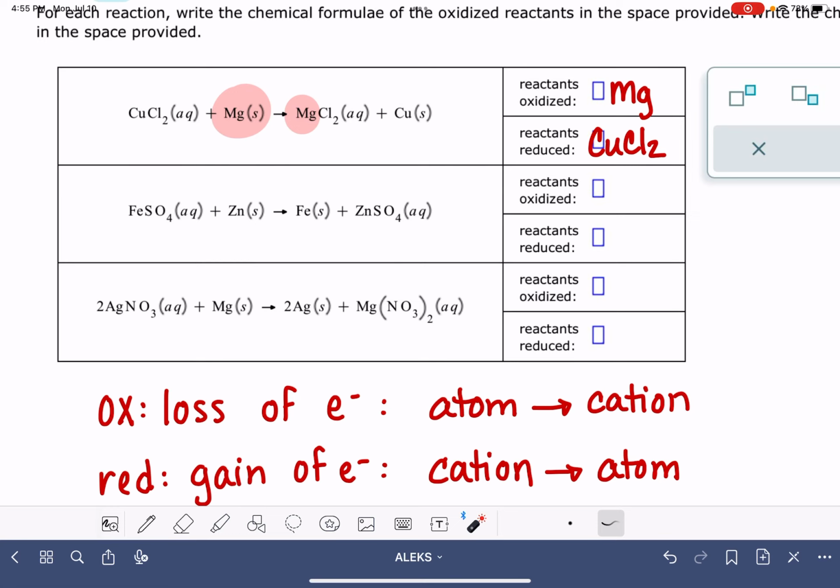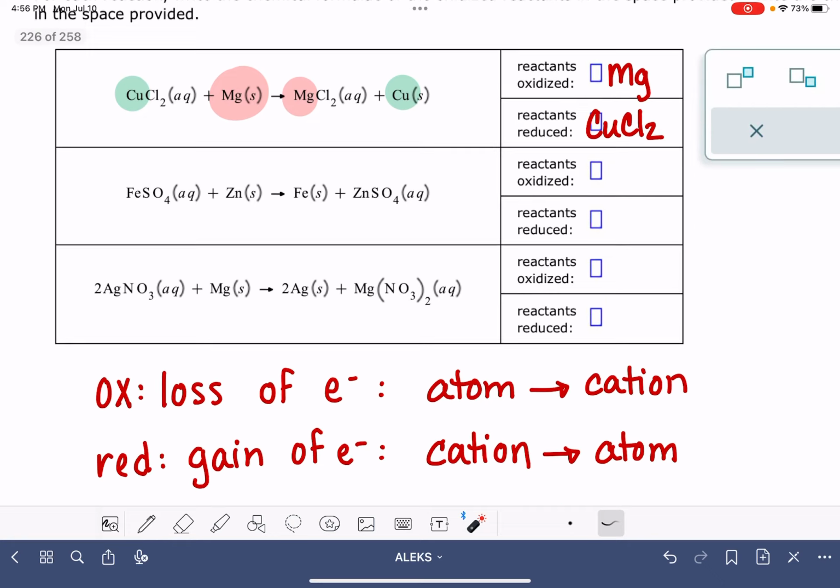But let's just carry through with this anyways. The definition of reduction is a cation being converted into an atom. So a cation on the left-hand side of the arrow being converted into an atom on the right-hand side of the reaction arrow. And again, I know that this is a cation because it is first in the molecular formula.